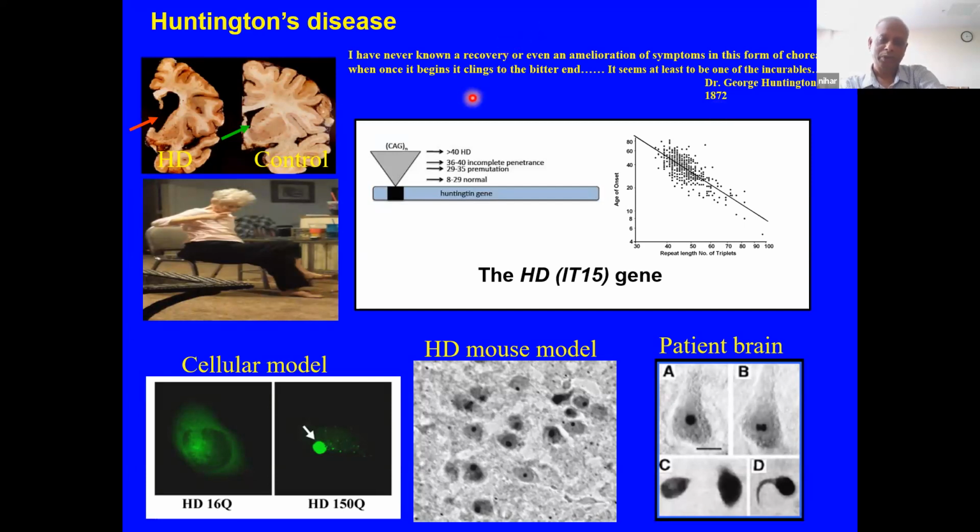Anyway, when a person is hit with typical Huntington's disease, it starts with psychological problems in the initial stage, followed by mild cognitive as well as motor problems. As the disease progresses, the motor problems become so severe and very difficult to deal with.